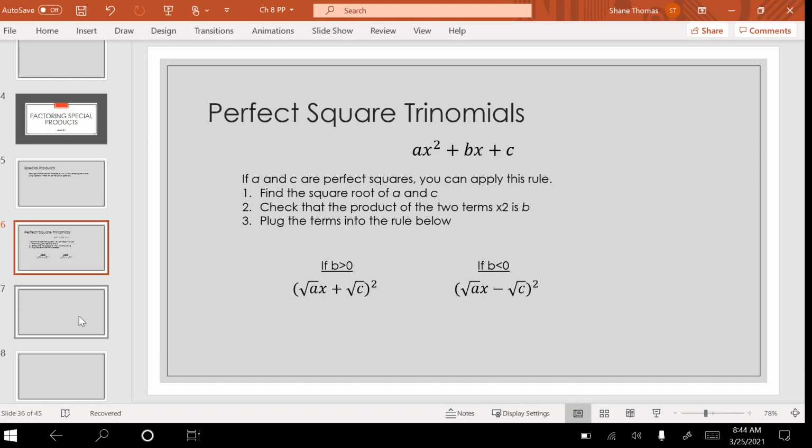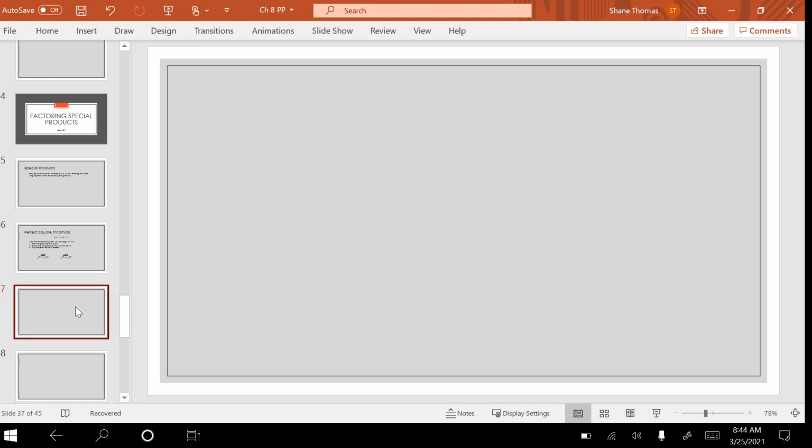Okay, here's an example: h squared plus 8h plus 16. First off, is my a term a perfect square? Yep, it's a square, and the number in front of it is 1, and 1 is a perfect square.